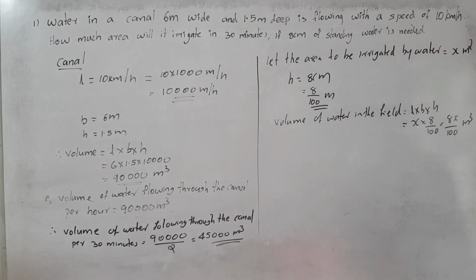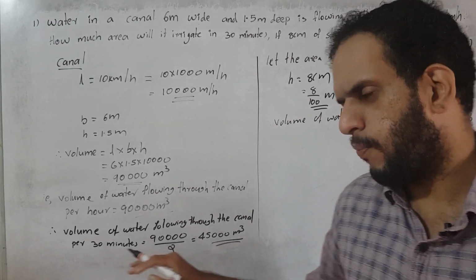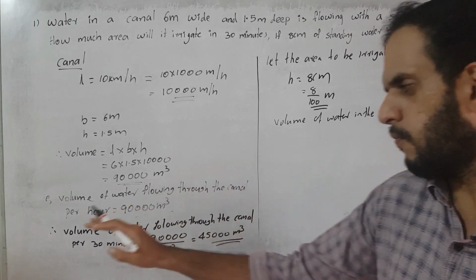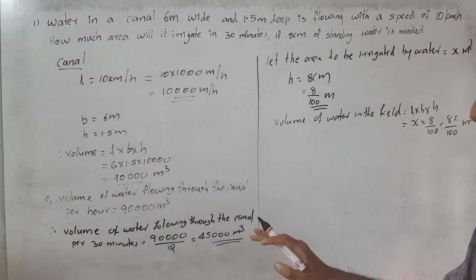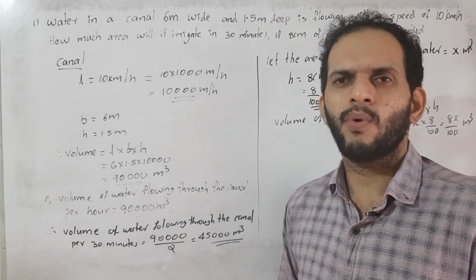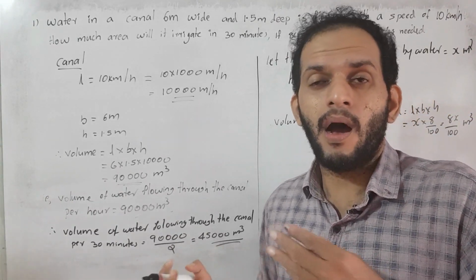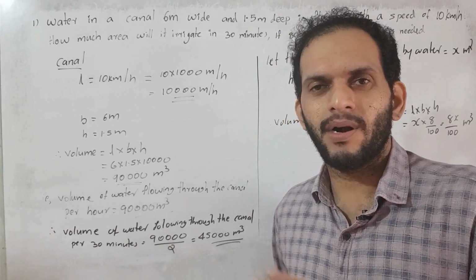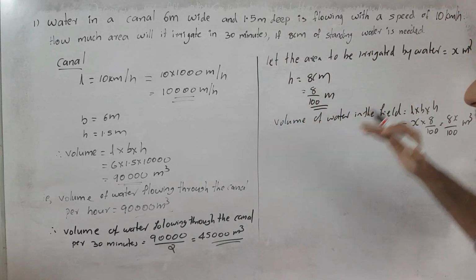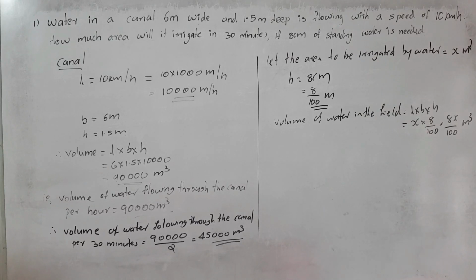Correct. 30 മിനിറ്റ് കൊണ്ട് ആ കനാലിലൂടെ പോകുന്ന വെള്ളം കൊണ്ടാണ് നമ്മൾ എന്ത് ചെയ്യുന്നത്? ആ ഫീൽഡ് നനയ്ക്കുന്നത്. അതുകൊണ്ട് ദ വോളിയം ഓഫ് വാട്ടർ ഫ്ലോയിങ് ത്രൂ ദ കനാൽ പെർ 30 മിനിറ്റ് ഏതിന് ഈക്വൽ ആയിരിക്കും? ആ ഫീൽഡ് ഇറിഗേറ്റ് ചെയ്യുന്ന വെള്ളത്തിൻ്റെ എമൗണ്ടിന് ഈക്വൽ ആയിരിക്കും.